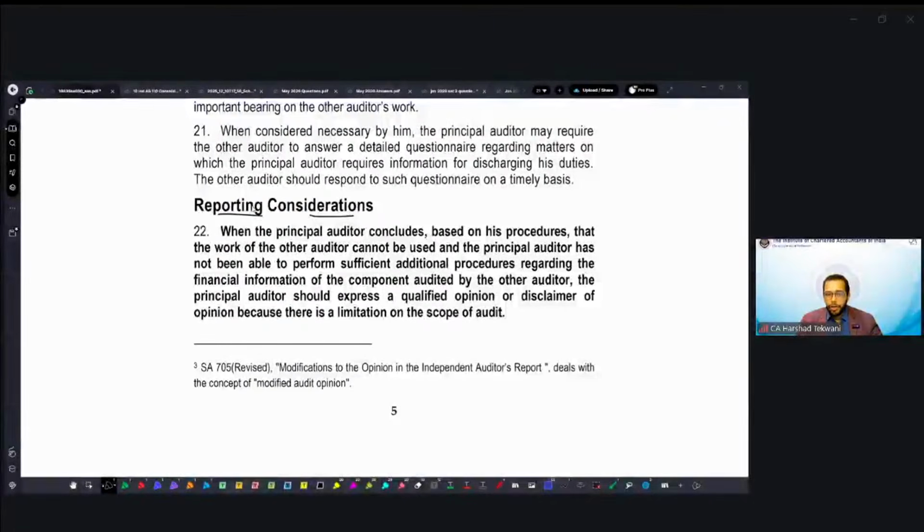The principal auditor should conclude whether he can form an opinion based on the audit reports that he has received, or whether there is any qualification. If there is a qualification in the component auditor's report, then how he has dealt with that qualification is to be considered. Accordingly, the principal auditor is required to take care of the opinion on the consolidated financial statement.